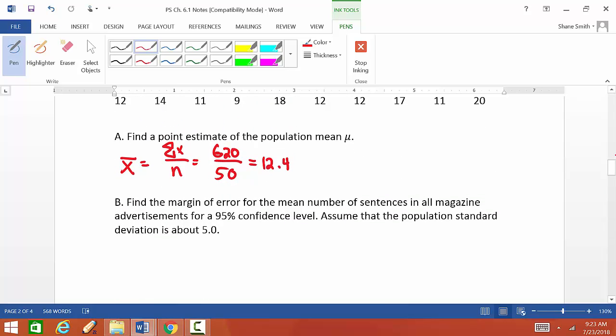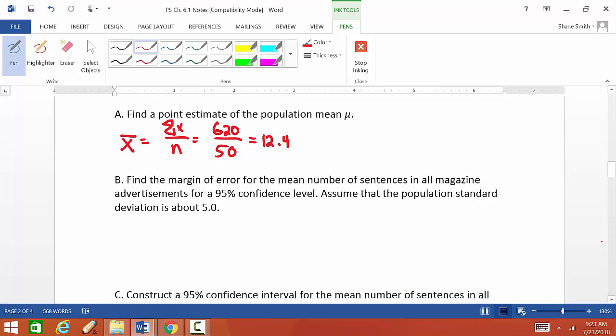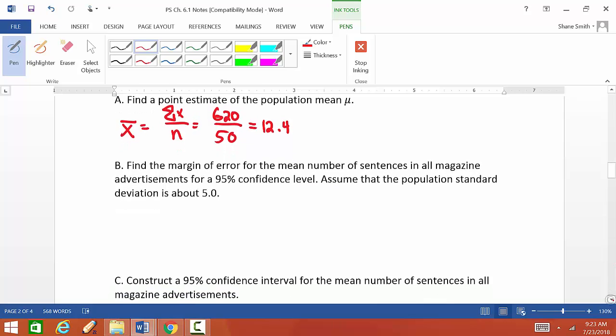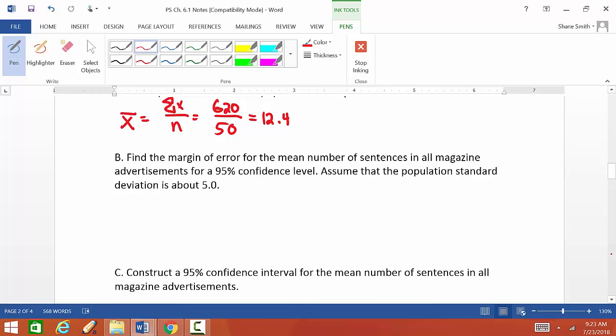The hardest step is probably finding the margin of error. So we want to find the margin of error for the mean number of sentences in all magazine advertisements for a 95% confidence level. Assume the population standard deviation is about 5.0. So my margin of error formula is z sub c times sigma over the square root of n.